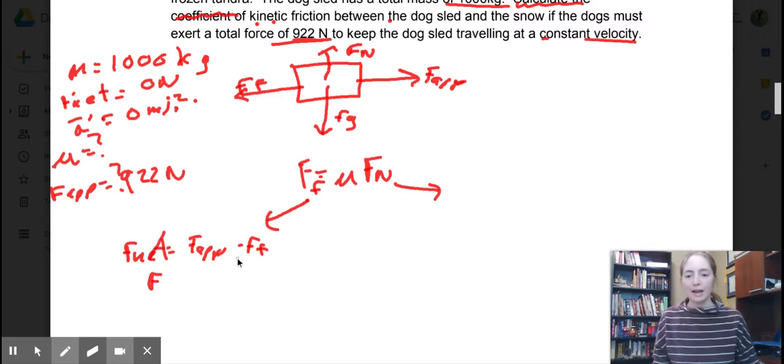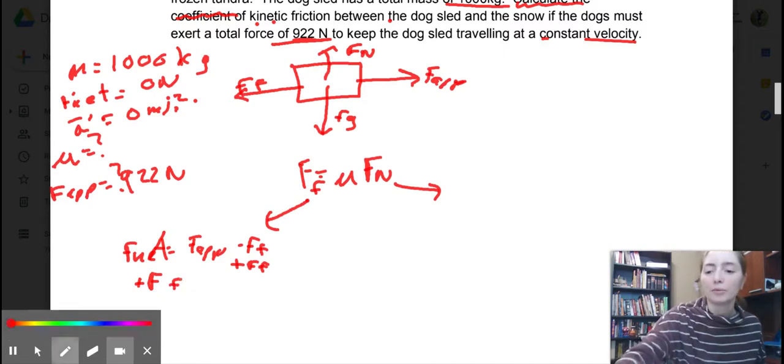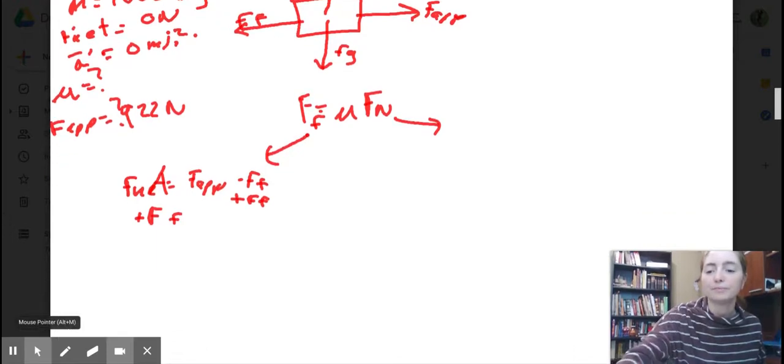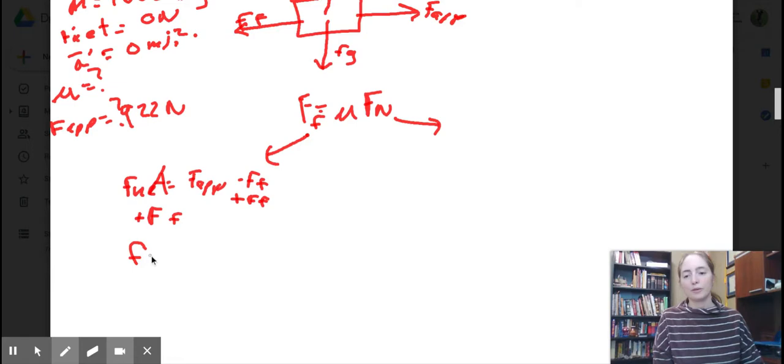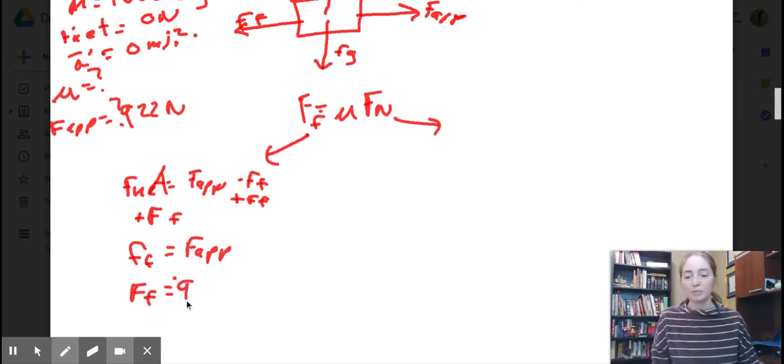Then we can add our force of friction over on both sides. There we go. Okay. So I'm going to wind up with my force of friction equal to my force applied. I already have my force applied.